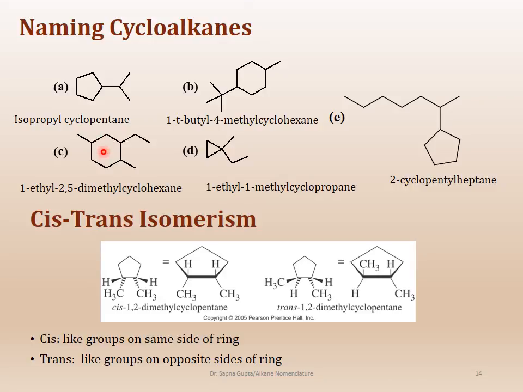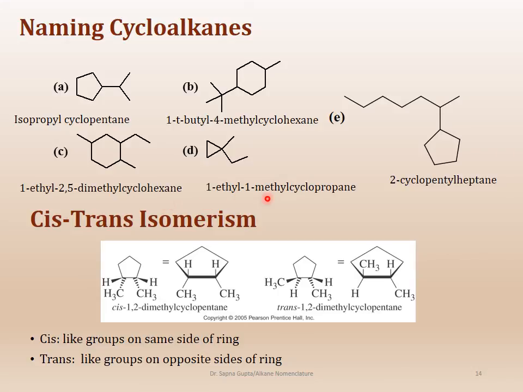I'm going to do the wrong way now: 1, 2, 3, 4, 5, 6. That's the wrong way to do it. Again, always give lower numbers to all the substituents. So 1-ethyl-2,5-dimethylcyclohexane. That is how the name should be. Don't forget your commas and your dashes.